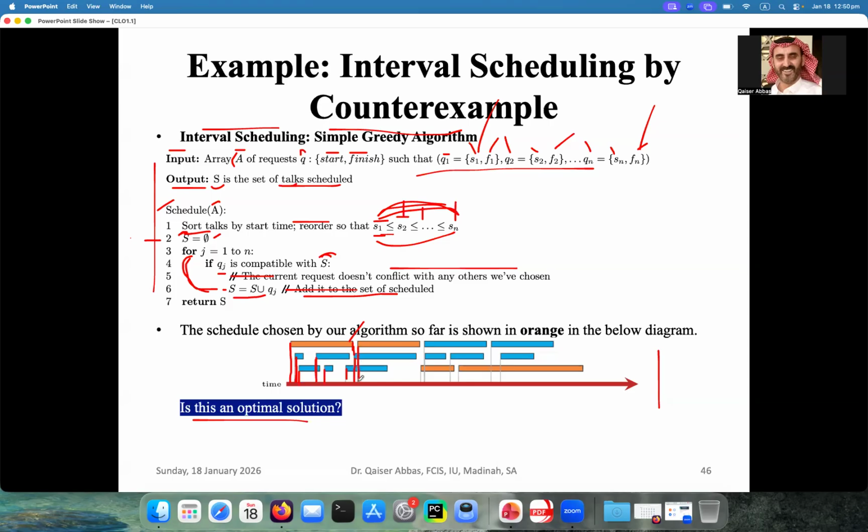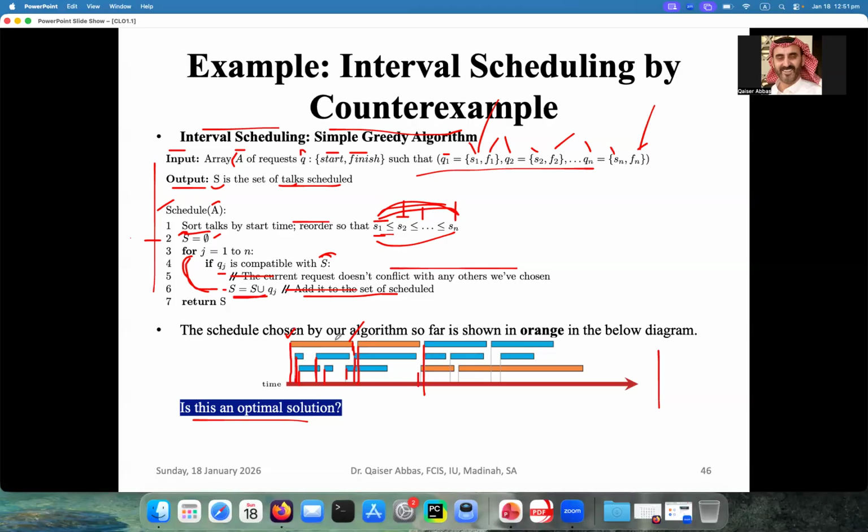And this one, okay, this is okay. Now the starting time of this is greater than the previous one. Starting time is greater, and also it starts after finishing the first one. So that's why it is compatible. And if it is compatible, you are adding it into S. And in this way, you can go on for the next, for the seven, and this 8, 9, not.